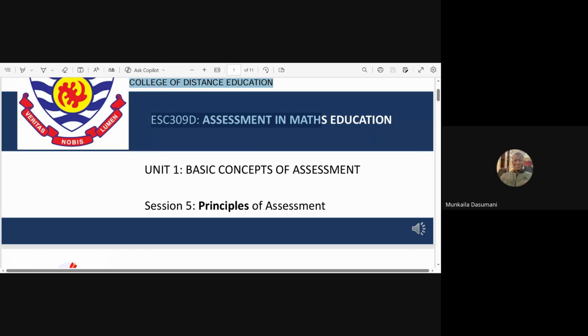Okay, I think so. We can see that in terms of assessment, we have different levels. It can be from the top level, it can be from the district level, it can be from the regional level, it can even be on the school-based system. That is why we have some of them in the school, in the districts, in the entire region, or even at the national level.